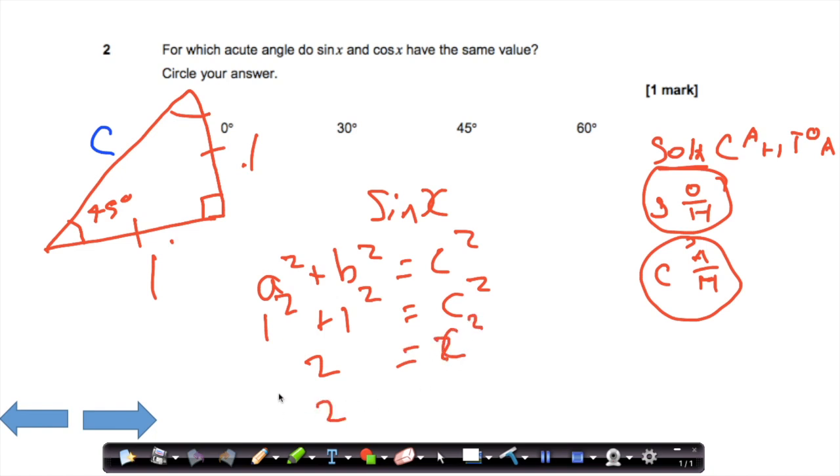And therefore, if we square root both sides, the square root of 2 is c. Yes, when you square root, you're going to have two values, positive and negative. However, as we are looking at a length, it can't be negative, so it must be the positive square root of 2. So now we have the hypotenuse.